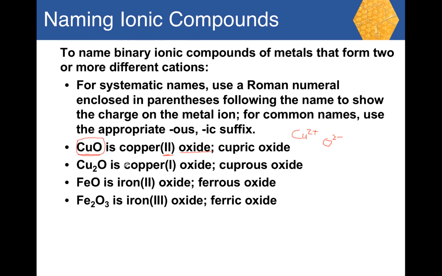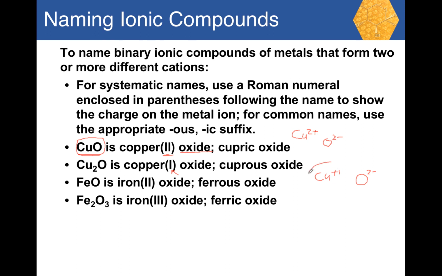It becomes a little trickier if you're looking at copper +1. As you can see, this is now copper +1, Cu +1. If it combines with oxygen, which is O2 negative, you can see that it would not be the same formula.